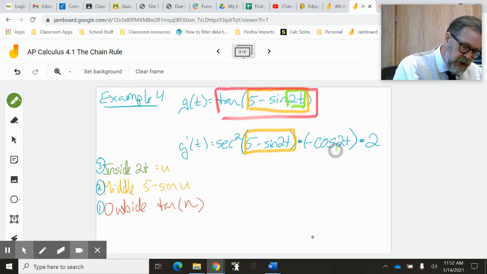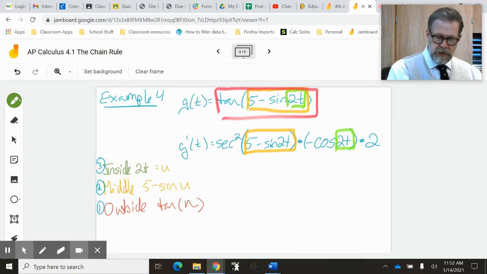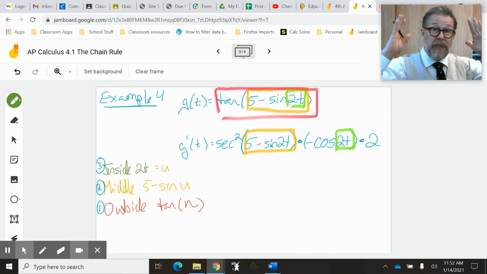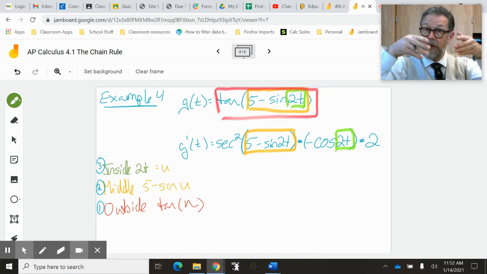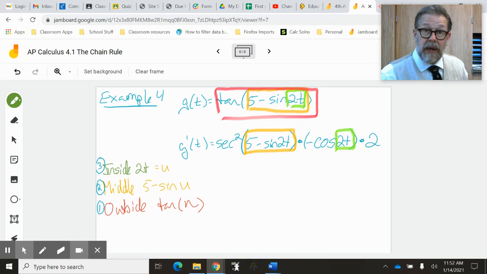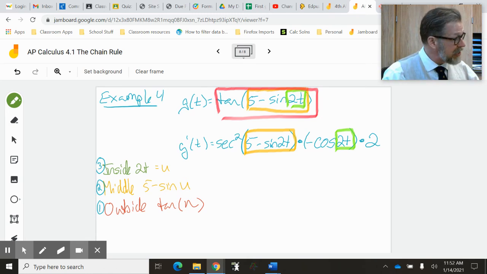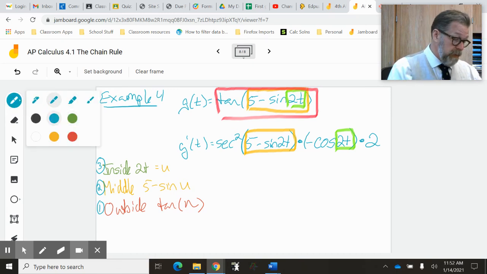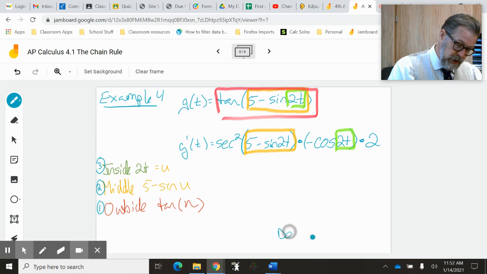Notice that 2t didn't change. So it's always the derivative of the outer function with whatever's inside not changing, times the derivative of the next function with the inside not changing, times the dot, until you run out of functions to take the derivative of. All right. So why don't you guys do exercise 23?